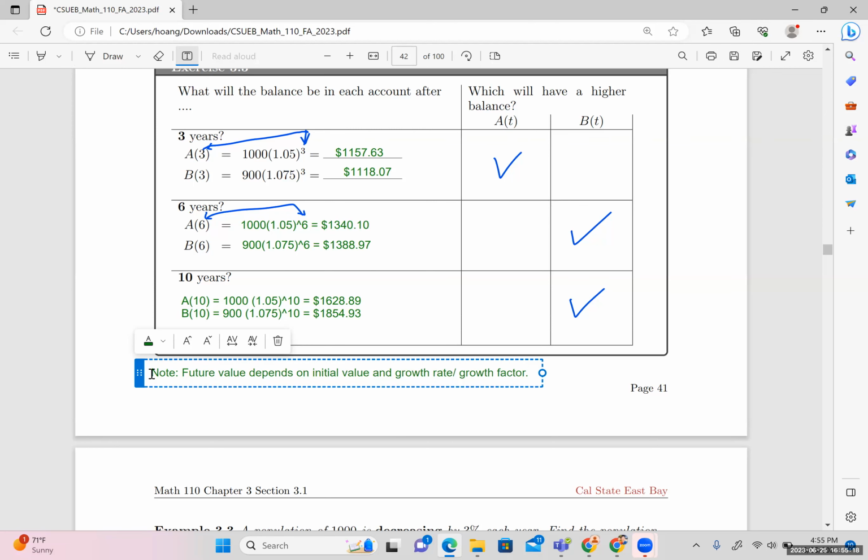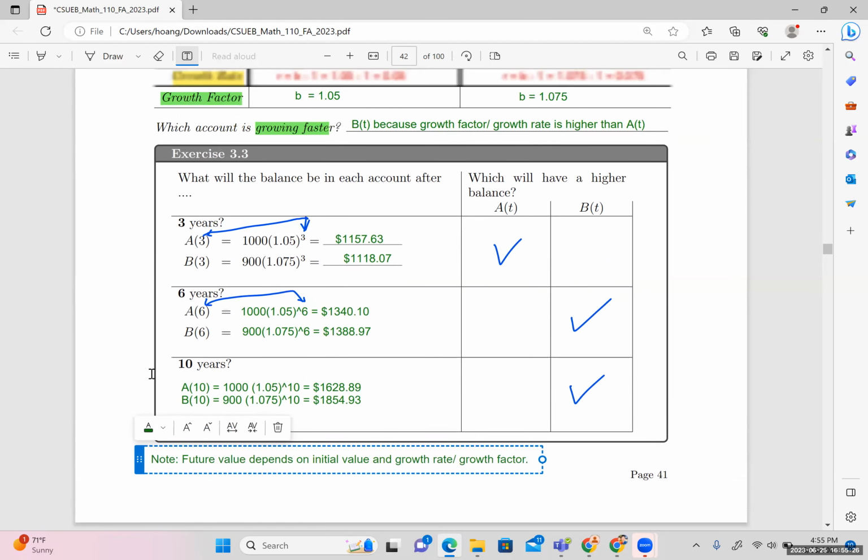So it's not only by just the initial value or only by the growth rate.